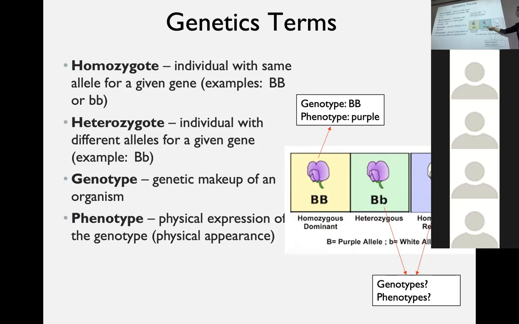Purple, yeah. Because that big B is there, it's automatically going to be purple. Over here, our genotype is little b, little b. There's no dominant allele, so if it's all recessive, the phenotype is going to be recessive as well. So the flower will be white. So the phenotype is white, purple, purple, and then these are the genotypes, the B combinations.